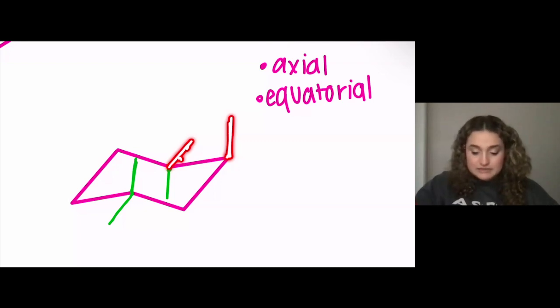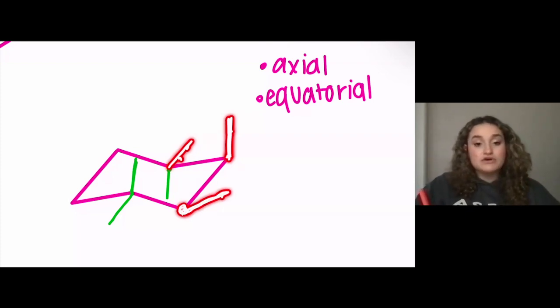It alternates. So because this guy coming upwards was axial, this guy coming upwards can't be axial. It must be equatorial. And again, on every single carbon, you're going to have one substituent coming up and one coming down. One must be axial, one must be equatorial.